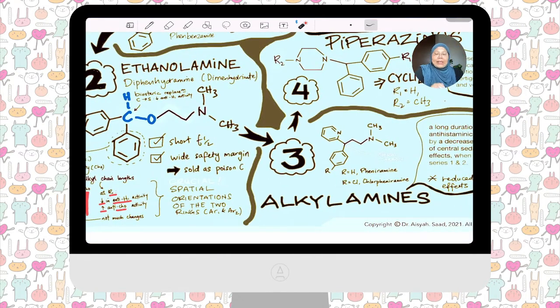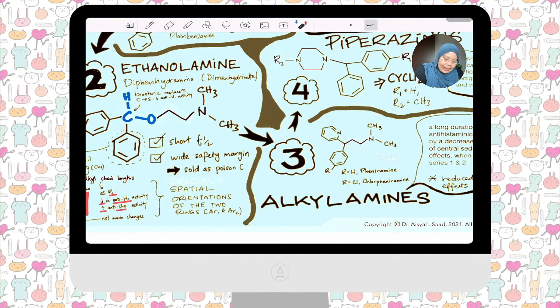If you compare alkylamines and ethylenamine, the difference is that in the ethylenamine there is the C single bond O. Here it is simply a carbon, just a simple carbon. That's all. That's why it's called alkylamines.